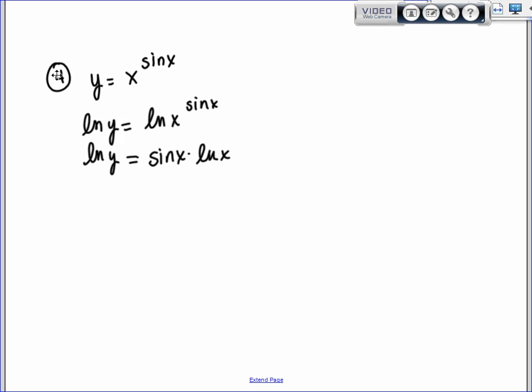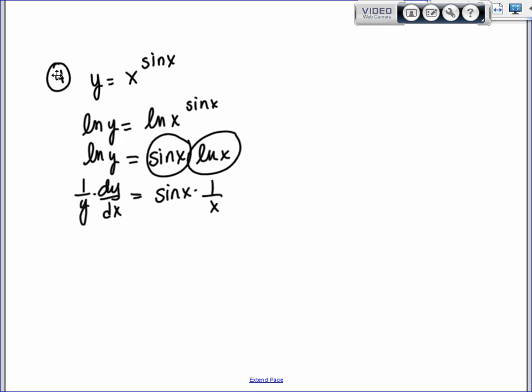All right, now we're ready to take the derivative. So the derivative of natural log of y is 1 over y dy over dx. The derivative of sine of x times natural log of x involves the product rule: first times derivative of the second plus derivative of the first times the second.